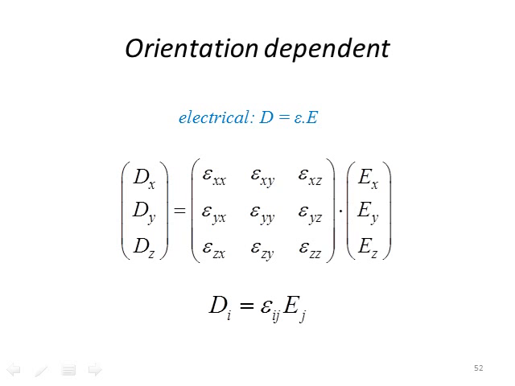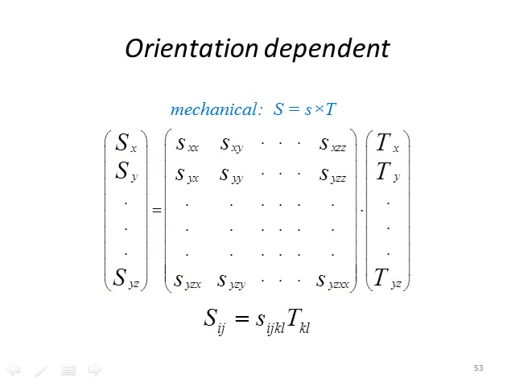So dielectric displacement is going to be computed from this tensor matrix of the permittivities depending on the direction, and then we come up with a general expression D_i is equal to the permittivity ε_ij from the tensor multiplied by the electric field E_j depending on the direction. Also, the stress and strain are orientation dependent, so we also have to put those into a matrix format.